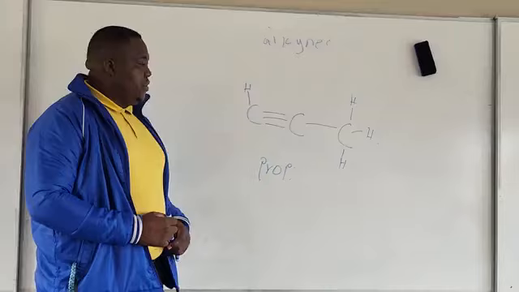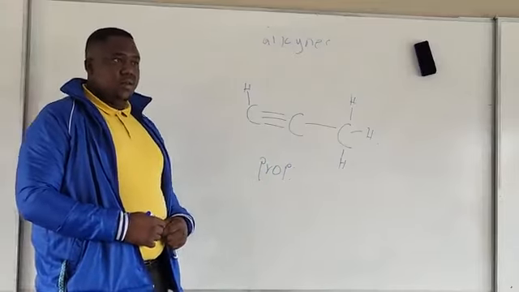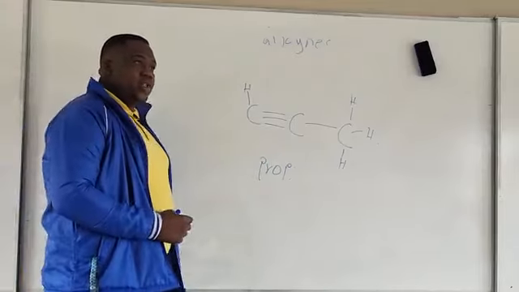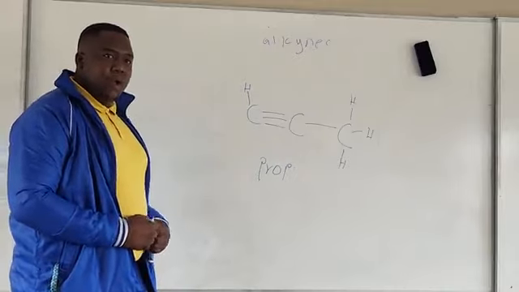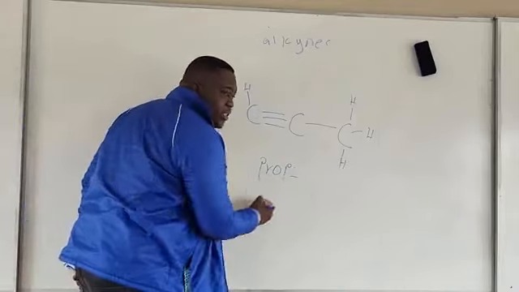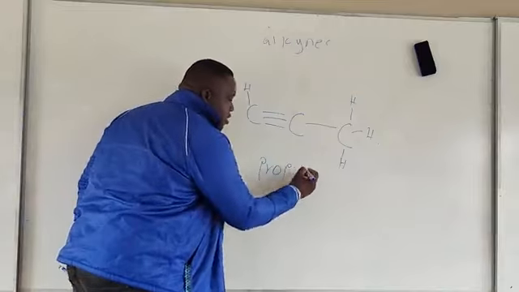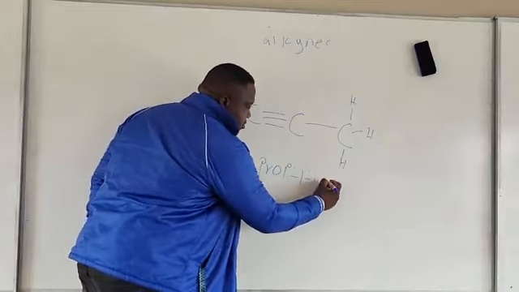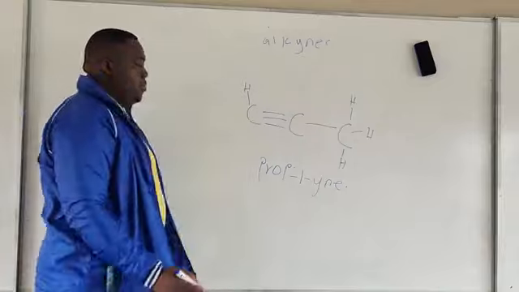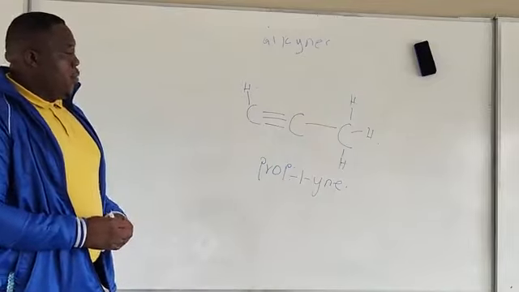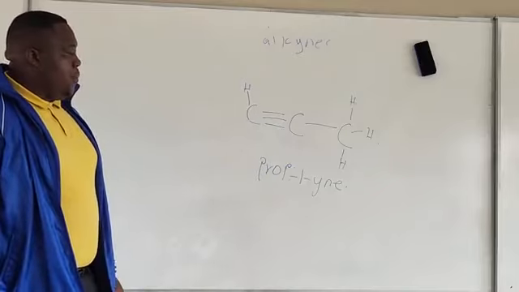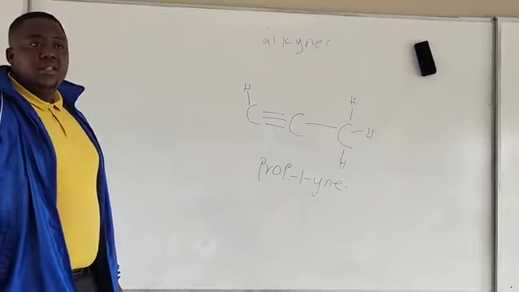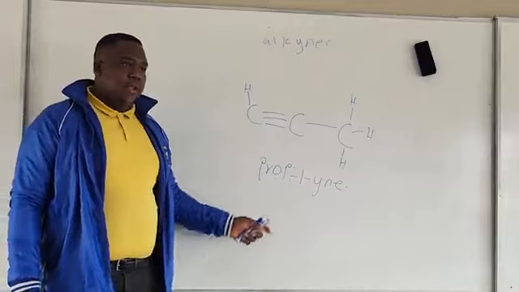What is the suffix of these ones? But we need to indicate the position of the triple bond. The triple bond is at carbon number 1. So this one is prop-1-yne. This one is propyne.